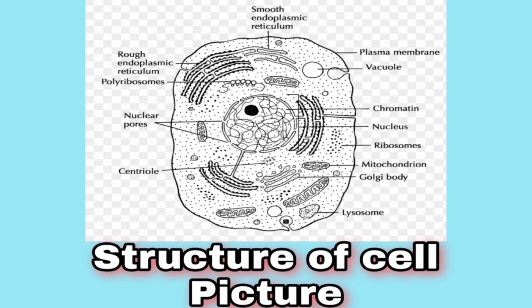Then you have to mark rough endoplasmic reticulum, polyribosomes, nuclear pores, centriole, lysosome, Golgi body, mitochondrion, ribosomes, nucleus, chromatin, vacuole, plasma membrane, smooth endoplasmic reticulum. So, this is about the structure of cell.